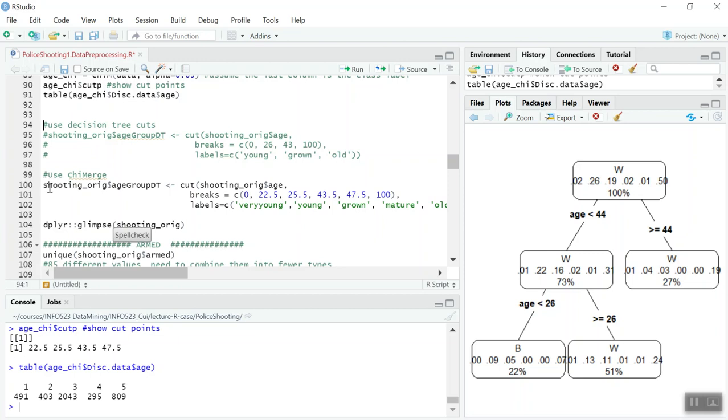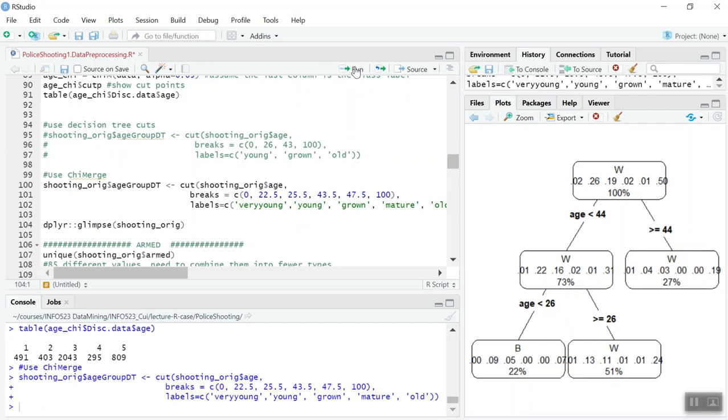Therefore, I'm going to use this. I'm going to do the cut based on the cutting points we have found, and add that to our shooting data set. So now, in addition to the age field, I have a new age grouped field.